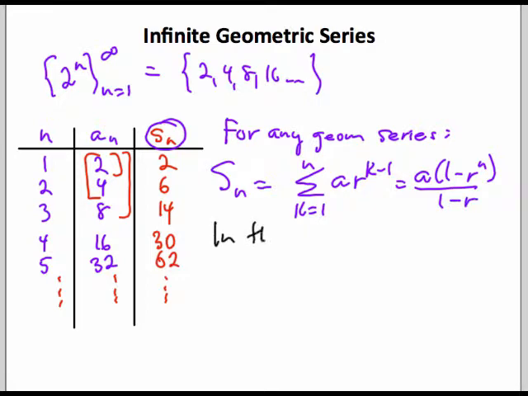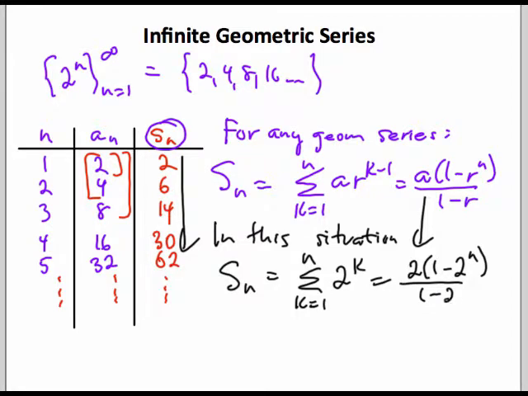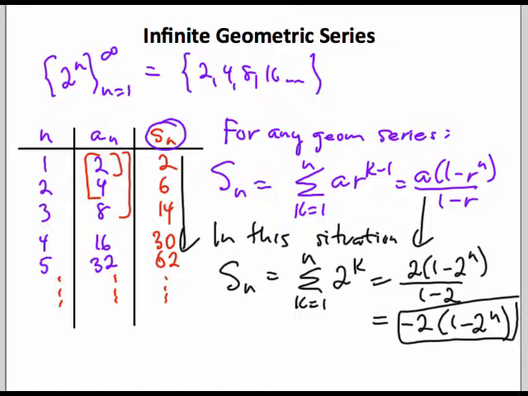So in this situation, the sum of n terms, the sum of any of these could be calculated with a formula. Just applying this formula to our situation, the first term is 2, 1 minus 2 to the n over 1 minus 2, which could be simplified. It's negative 1 on the bottom, negative 2, 1 minus 2 to the n. That's the sum of the finite geometric series.